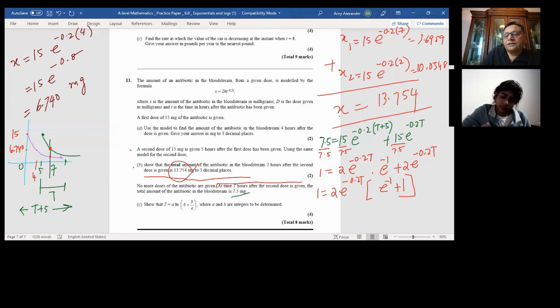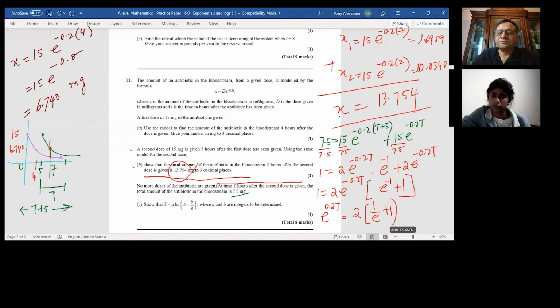And that is a constant. So we bring it here, we get e to the power of, because it is minus, it becomes plus here, 0.2 t equals 2 times, minus power means 1 over, e plus 1. Is this okay? Perfect.